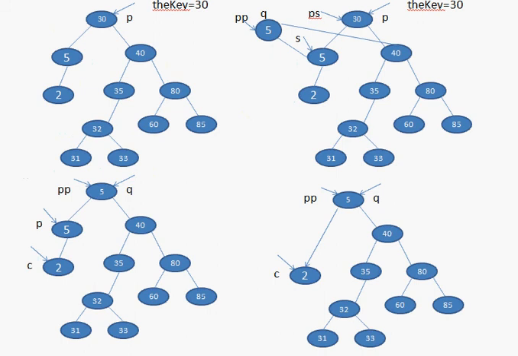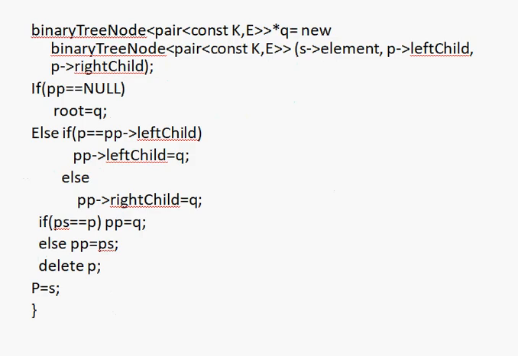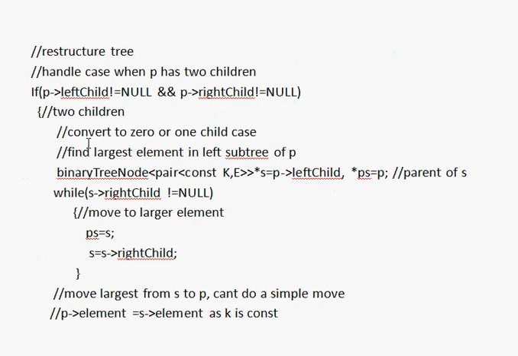So this code will be executed if the node under consideration has two children. Now p's left child is not null, and p's right child is also not null, which means this has two children. So what you have to do is find the largest element in the left subtree. For that, this is the procedure which you need to follow.